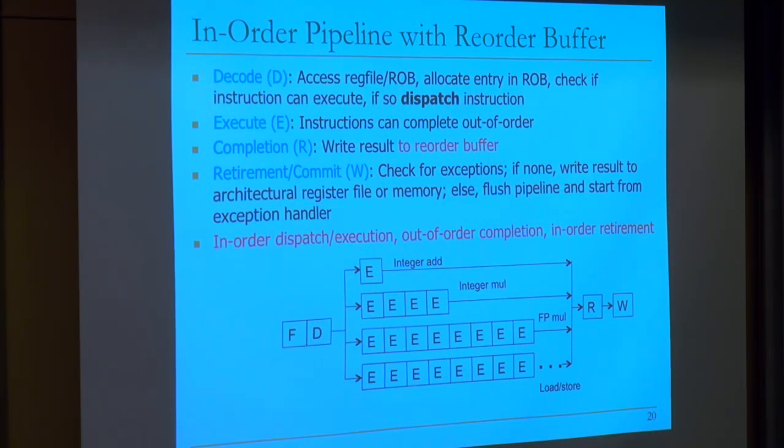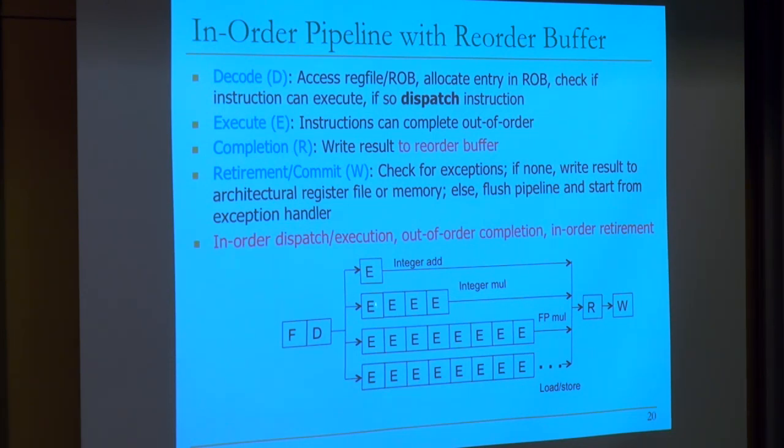And now you can have variable latency, right? Loads and stores can take hundreds of cycles here. And in the meantime, you could be executing independent adds and multiplies. But remember that we're still dispatching the instructions in order. We're going to change that later in this lecture. So instructions are sent to the execution units in the order they're fetched and decoded.